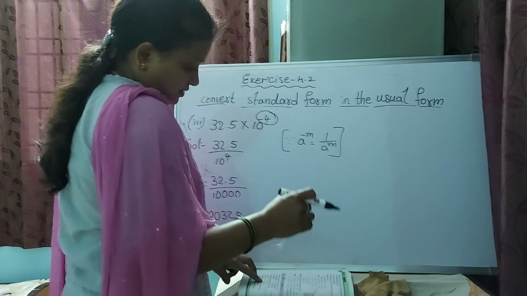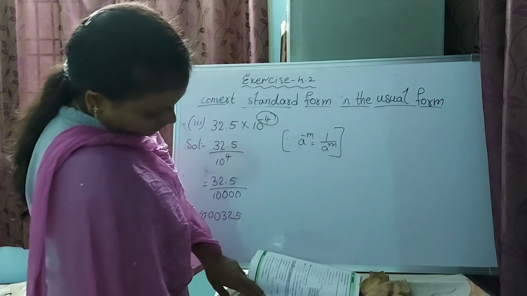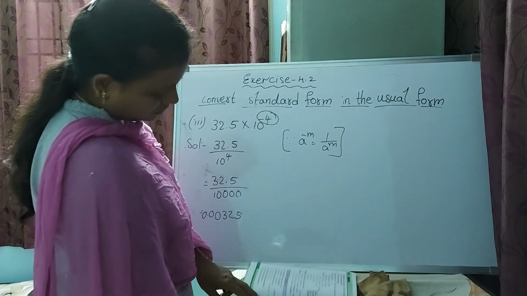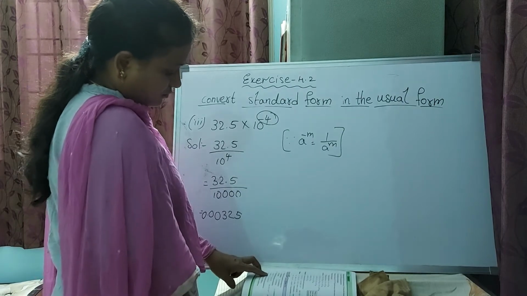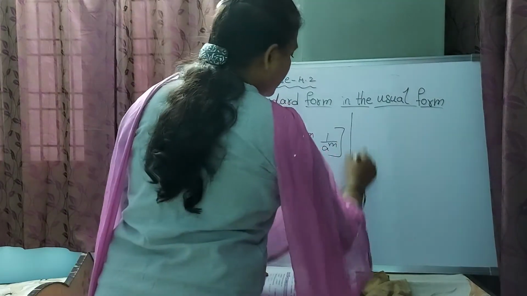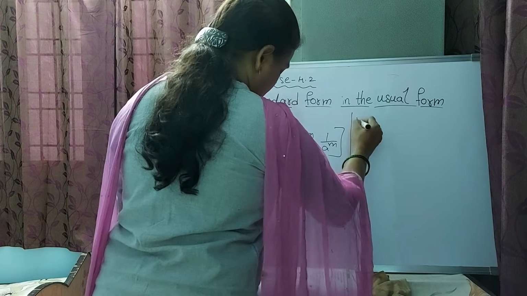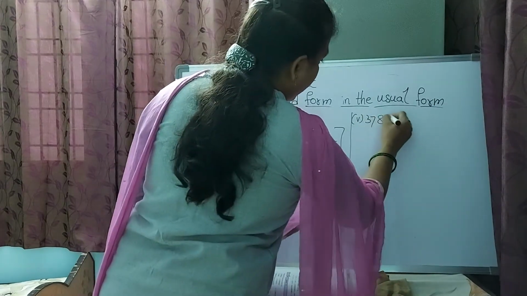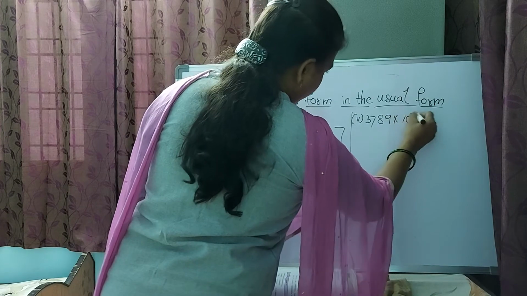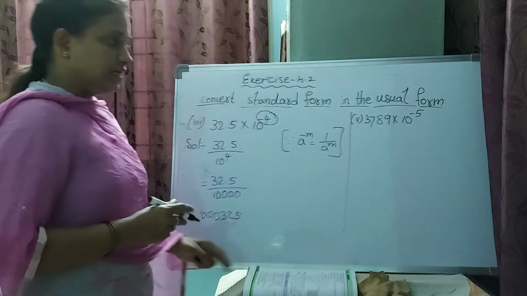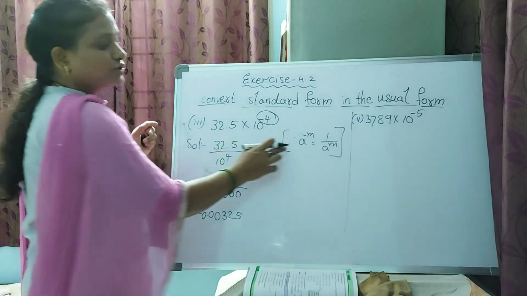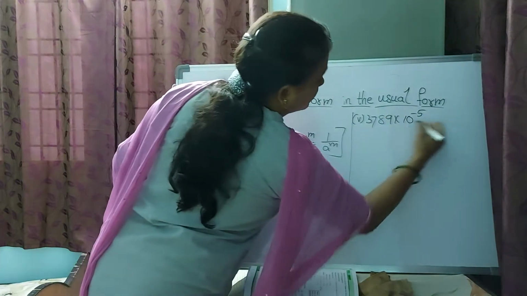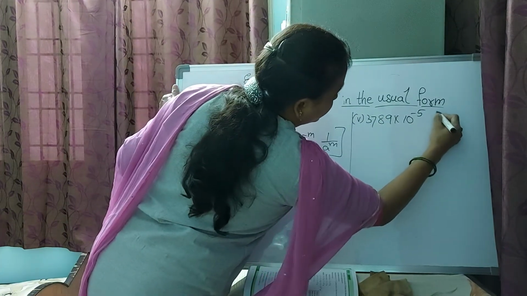See here. 3789 into 10 to the power of minus 5. See, same formula. Use this formula and write it under one as denominator.